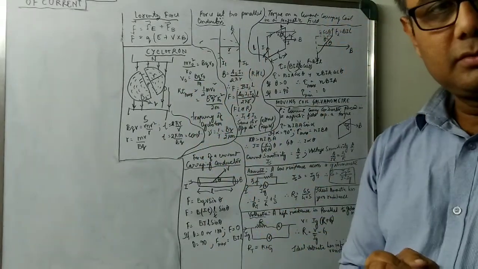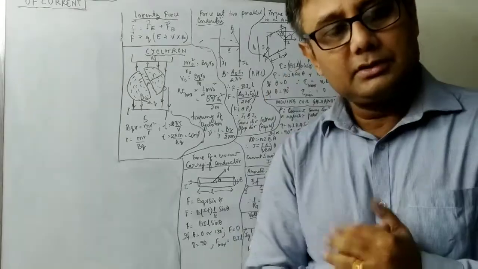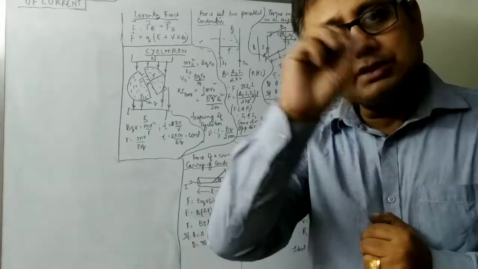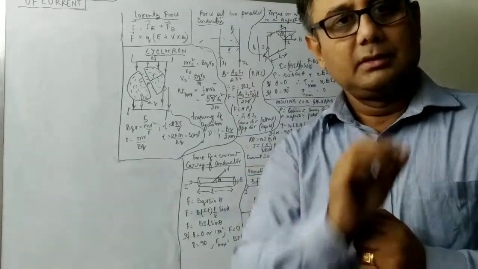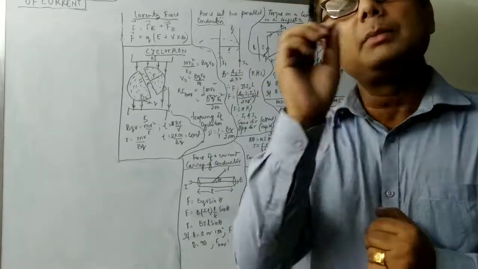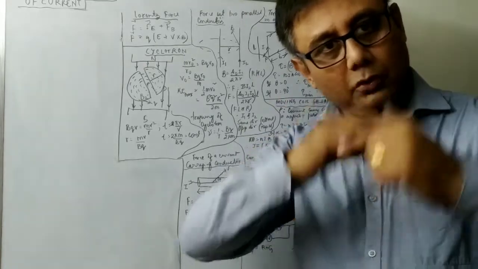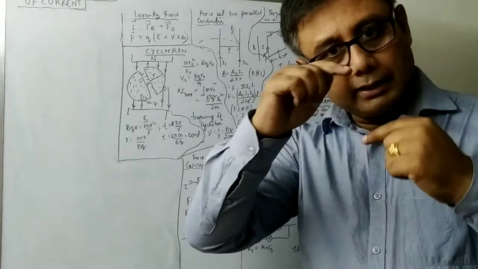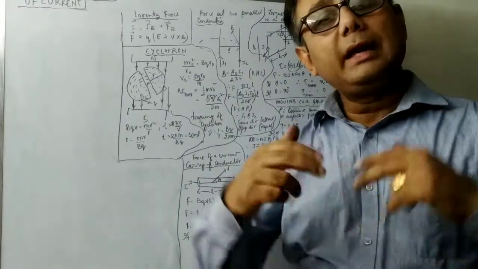What is a cyclotron? A cyclotron is a device in which you can make a charged particle gain velocity up to a maximum level. You can make a charged particle move constantly like this and gain velocity.